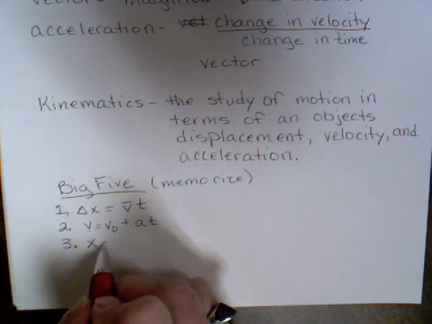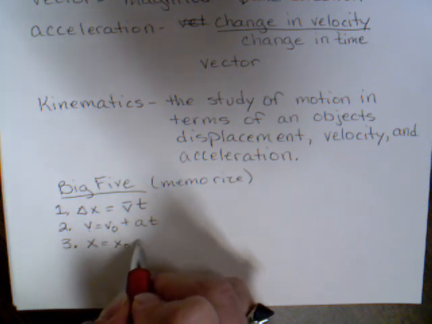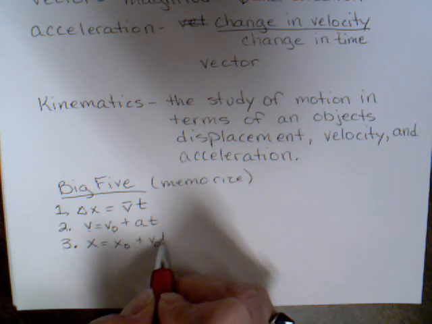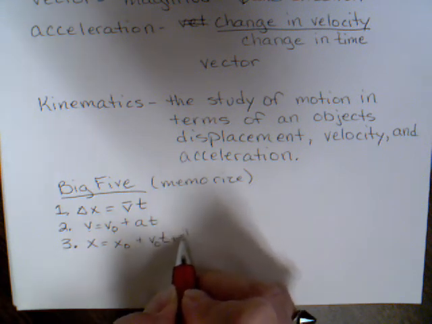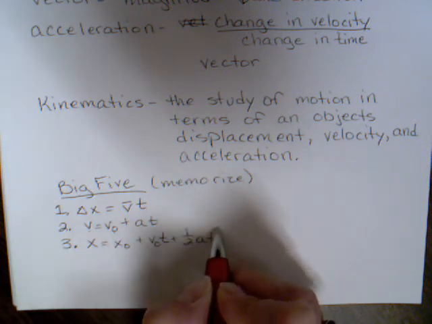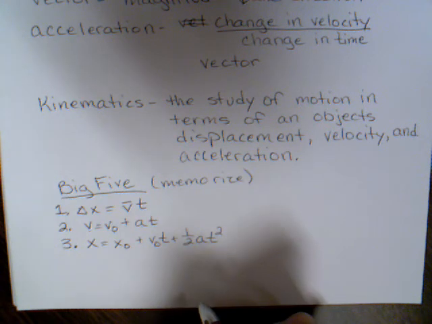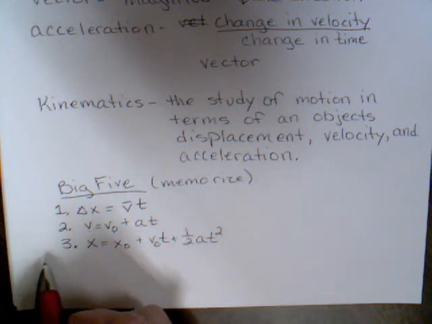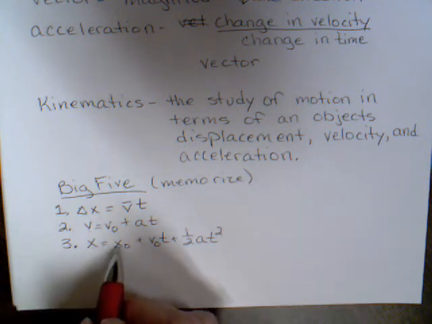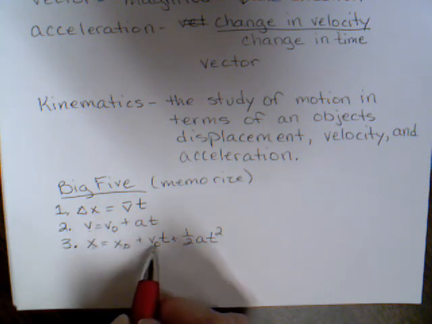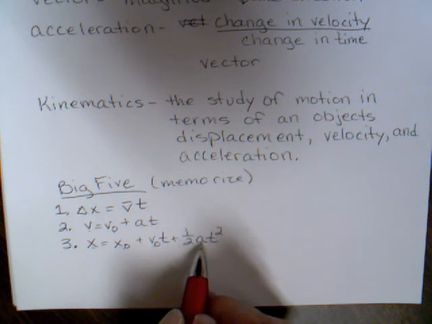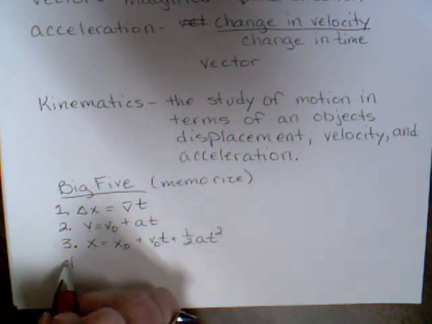Your third one is x equals x naught plus v naught t plus 1/2 at squared. x is position, your final position, x naught is your initial position, v naught is initial velocity, t is time, a is acceleration, t squared is time squared.